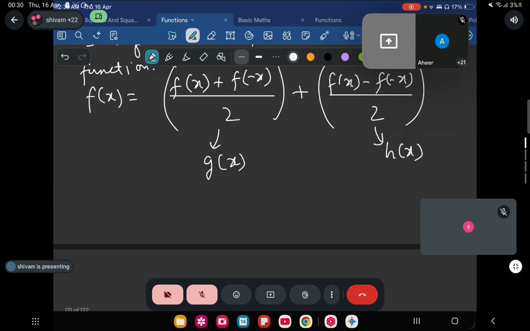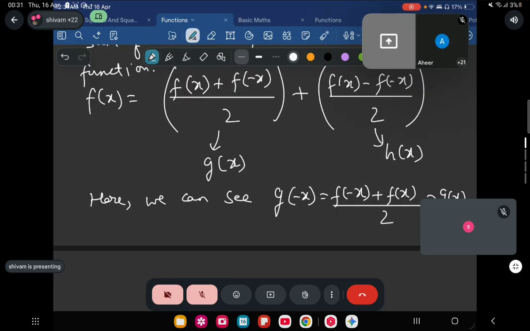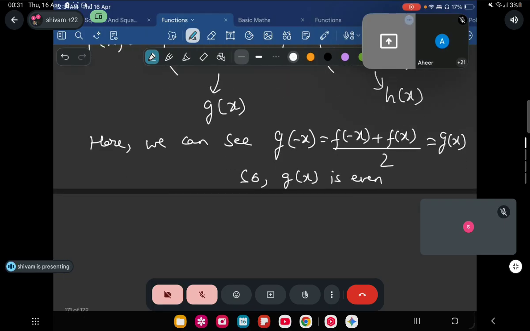Over here, we can see what g of minus x is. g of minus x is equal to f of minus x plus f of x divided by 2, which is g of x. So can I say that g of x is even? Tell me, everyone. And similarly, h of minus x will be equal to minus of h of x.